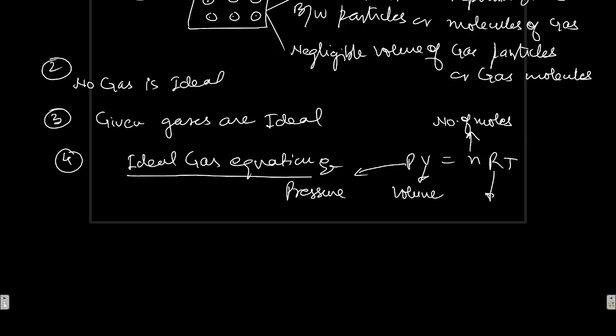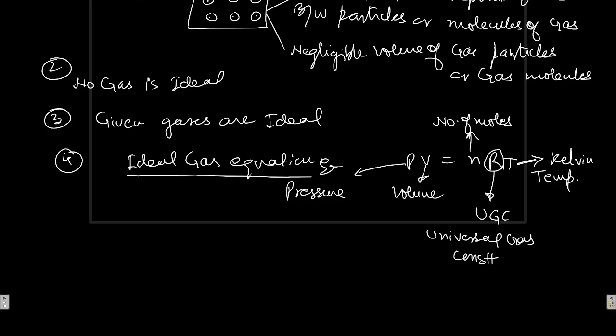R is called the universal gas constant, UGC. And friends, T is the absolute temperature, or you can say Kelvin temperature. This is the temperature in terms of the Kelvin or the absolute temperature.